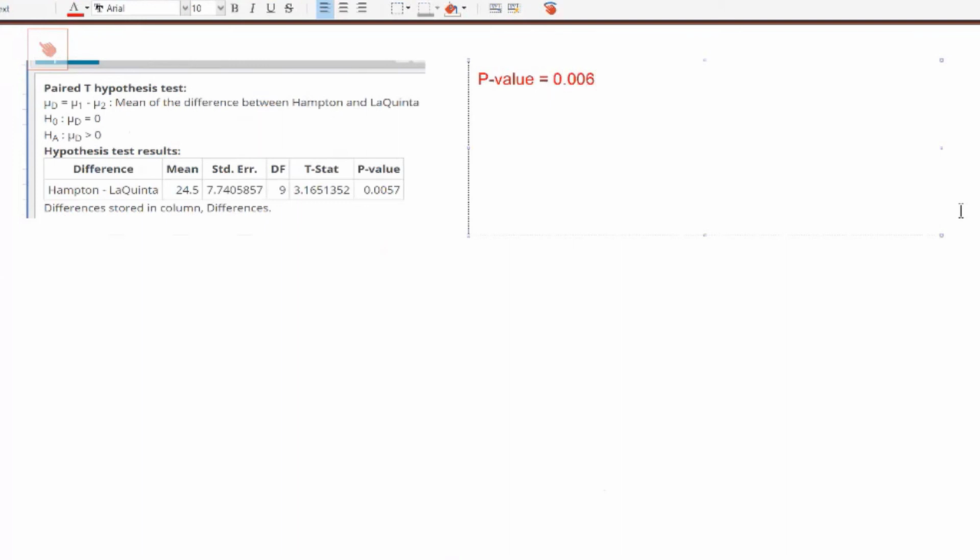We always want to interpret this result. So here's how we would interpret this.